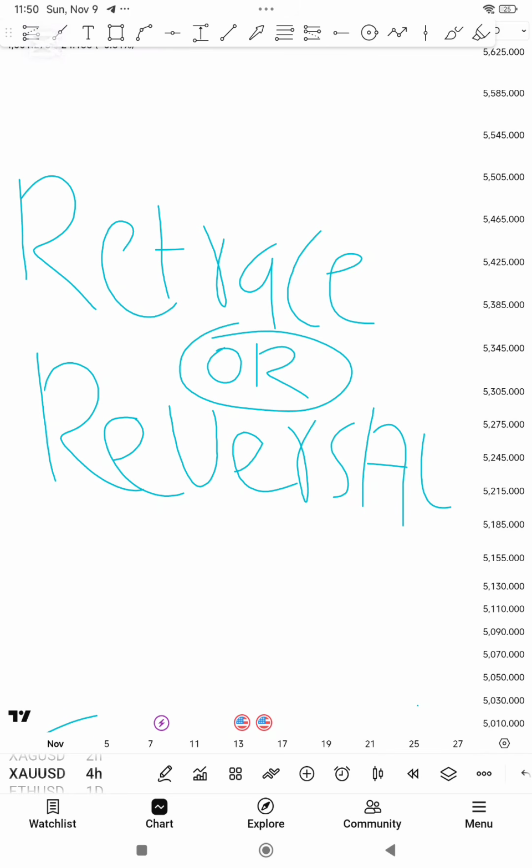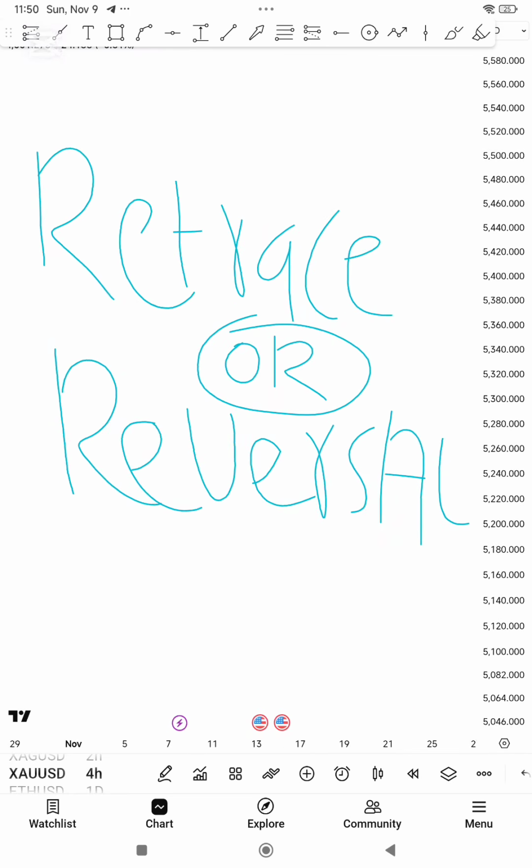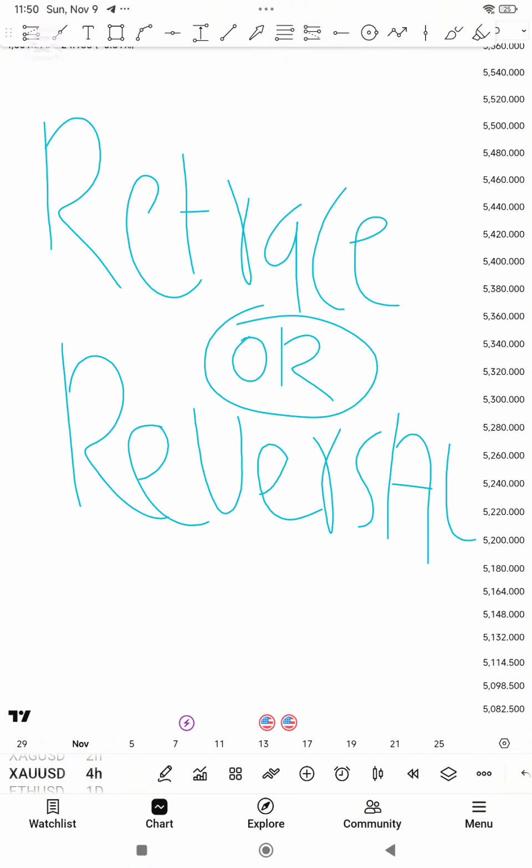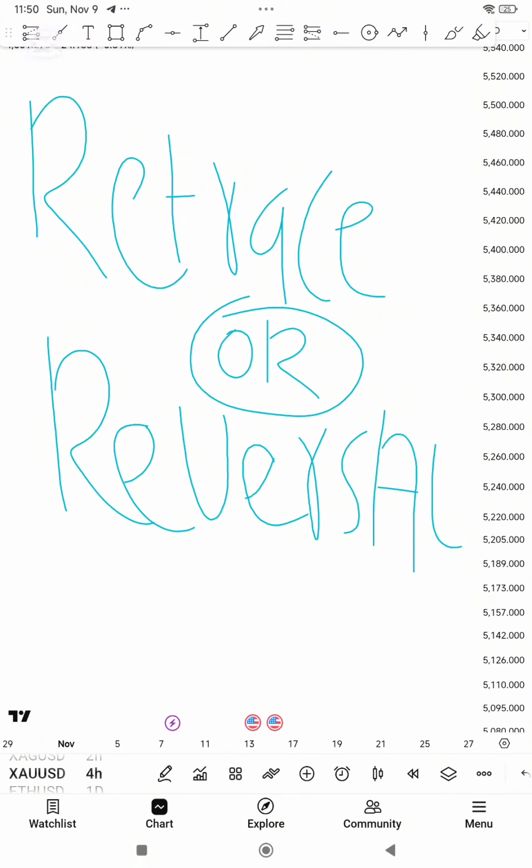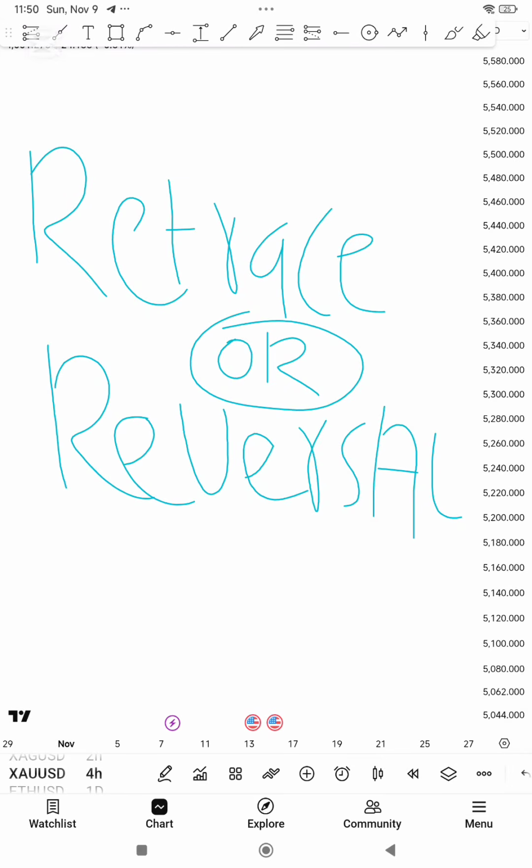Whatever your confirmation model is, once you see it on the chart and once you confirm, that's your entry time, that's your buy time. Now remember, what actually looks like a simple retracement on H4 is actually a full reversal on a lower time frame like M5 or M3, and this is how multi time frame logic works.